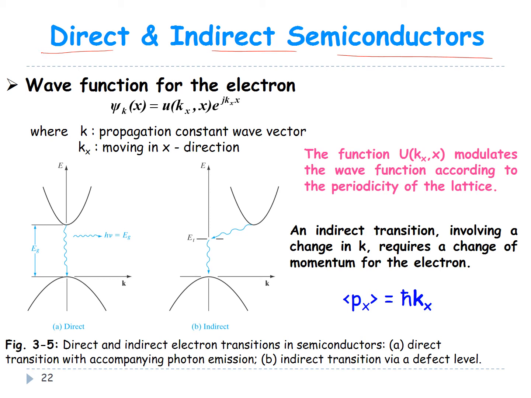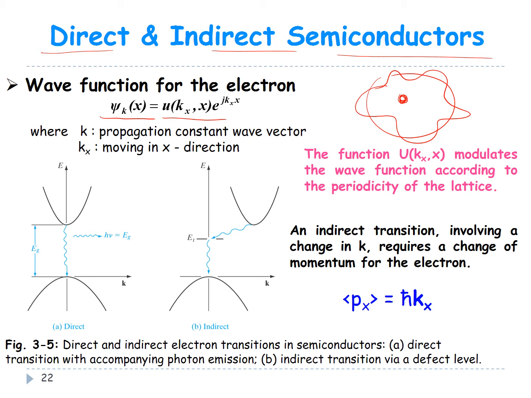Now, you remember we said that the electron orbits the nucleus in a wave function. The wave function of an electron is given by this equation here. So we call it psi, and psi is given by U(kx, x) e^(jkx).